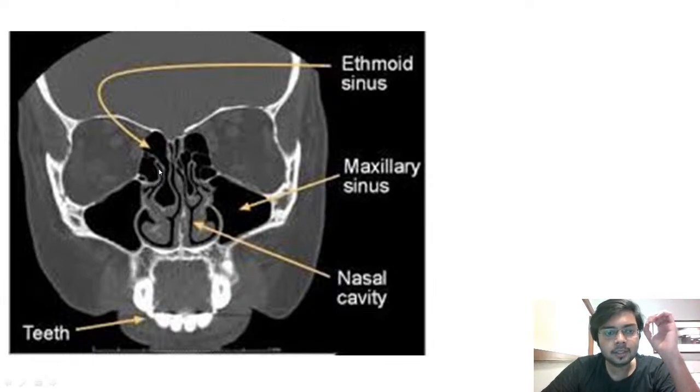So another thing is these are your ethmoidal air cells, and the biggest ethmoidal air cell is your bulla ethmoidalis. So this should be your bulla ethmoidalis. So here you can see this part is denoting the ethmoidal air cell, and this big cavity is your maxillary sinus. This is your tooth, oral cavity or hard palate, and these two are the orbits.